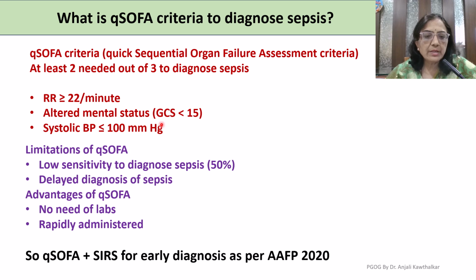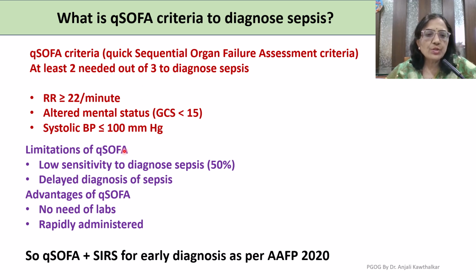Altered mental status, GCS is Glasgow Coma Scale, if it is less than 15, that indicates altered mental state. And third is systolic blood pressure less than or equal to 100 millimeters of mercury. Out of these three, any two is necessary to diagnose the patient as having a significant organ dysfunction in a pre-existing scenario of infection, to diagnose the patient as a case of maternal sepsis.